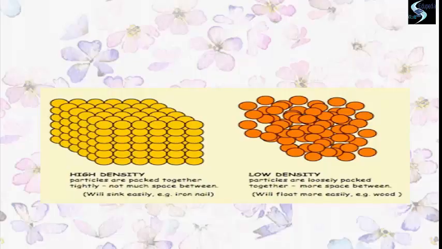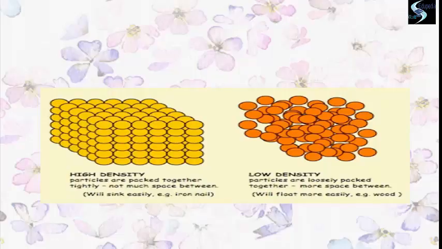So these kinds of substances, whether solid, liquid or gas, have the higher density. Solid substances mostly have a higher density compared to liquid and gas.